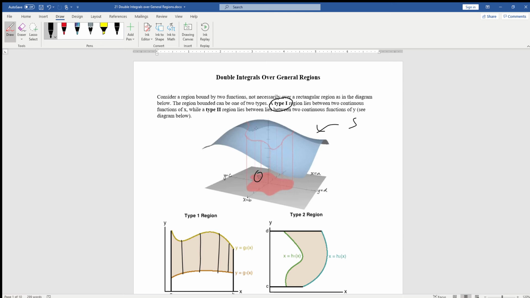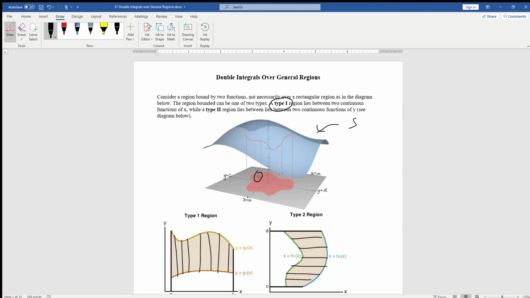That means it's a type 1 region. So after you graph your region, if you can draw lines and one function touches the other function up and down without intersecting again, it's a type 1 region. A type 2 region is one where you can draw from left to right without one function touching another function, then it's indeed a type 2 region.